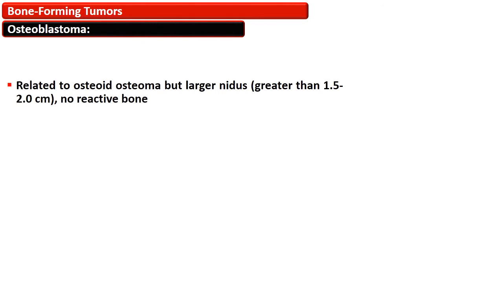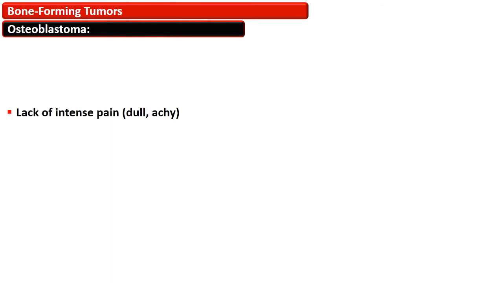This osteoblastoma is related to osteoid osteoma, but it has a larger nidus which is more than 2 centimeters, and the reactive bone formation is variable. There is a lack of intense pain.